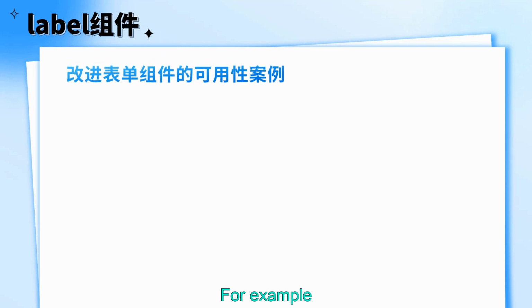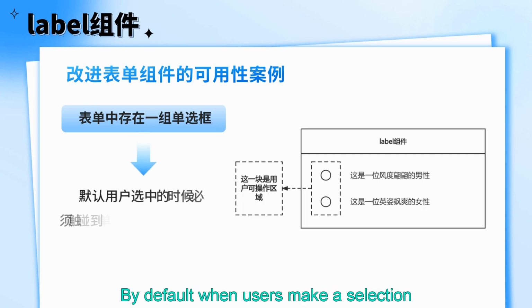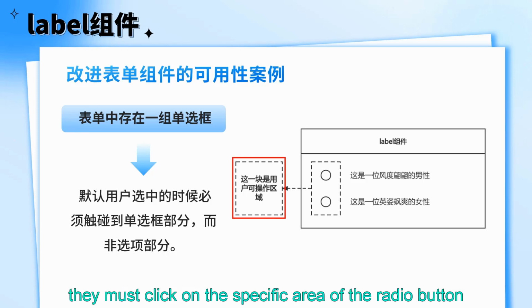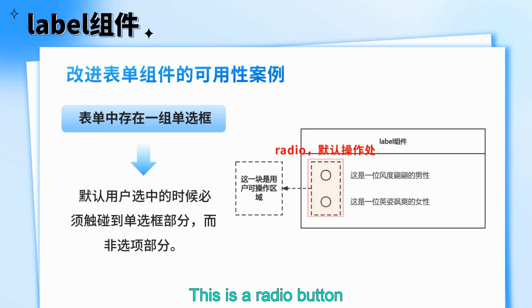For example, in a form, there's a set of radio buttons. By default, when users make a selection, they must click on the specific area of the radio button, rather than the entire option. This is a radio button, with two options inside a radio group.